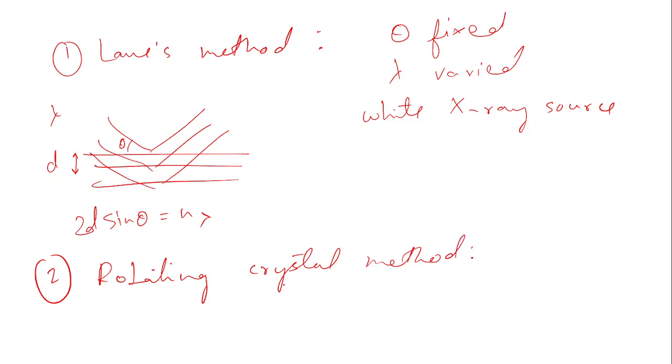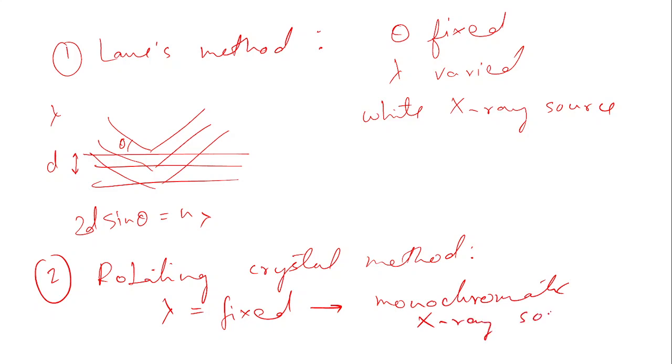In this method, again the important parameters are d, theta and lambda. In the rotating crystal method, the way is to fix the wavelength, which means we use a monochromatic X-ray source and keep theta variable.